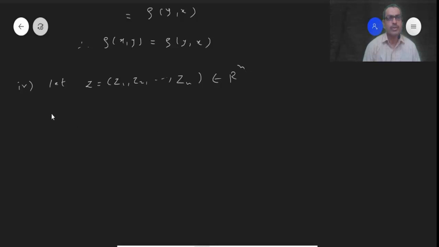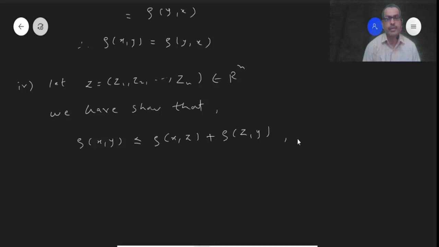Here we have to show that rho of x, y is less than or equal to rho of x, z plus rho of z, y for all x, y, z belonging to R raised to n.